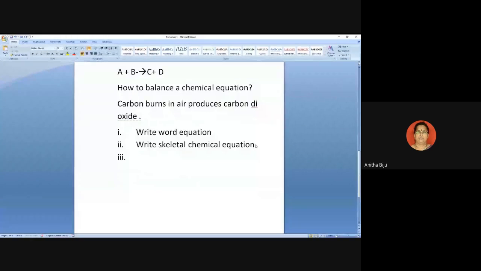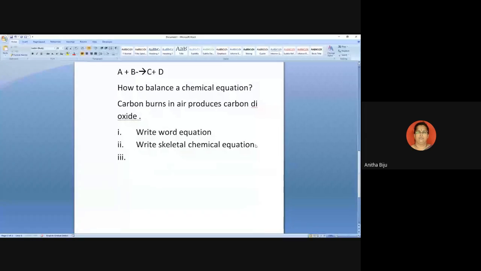Then next, in the case of non-metal elements, for example nitrogen, the symbol of nitrogen is N, but the formula of nitrogen is N2. There you need to use the formula.